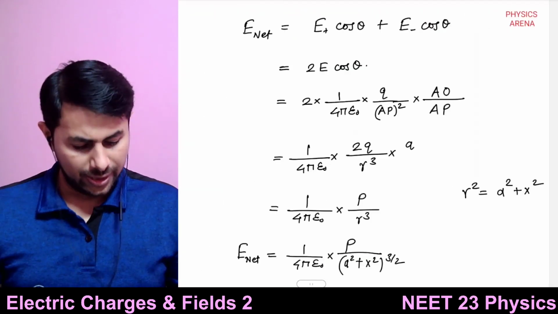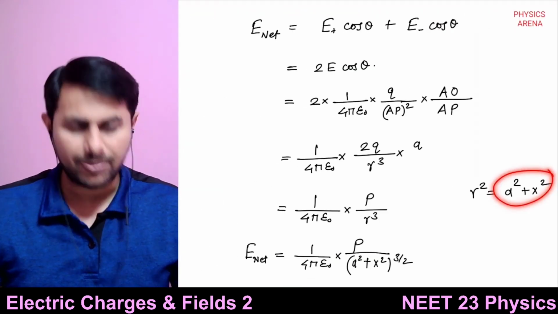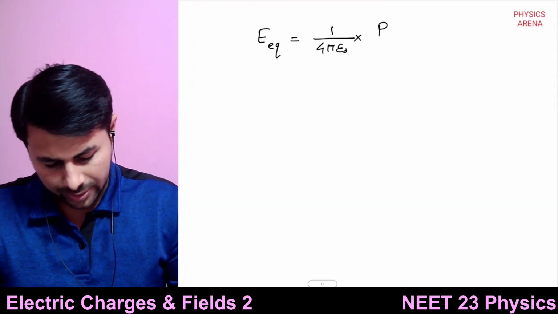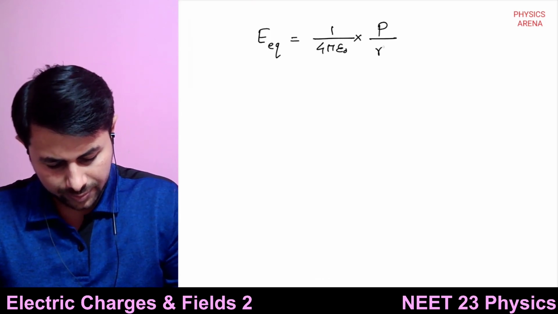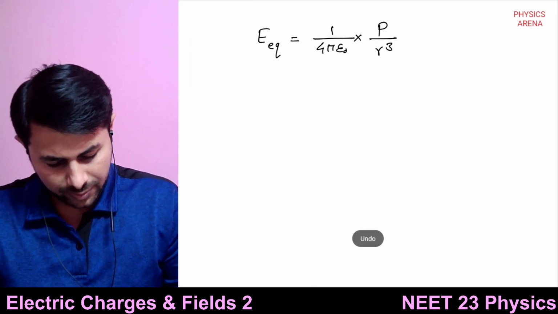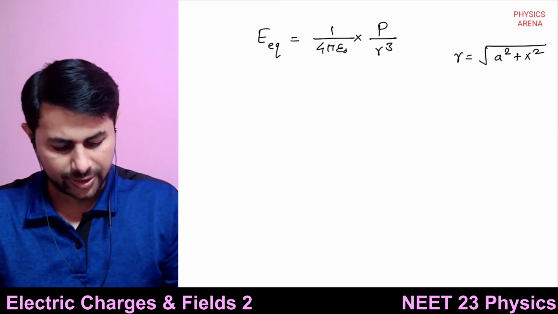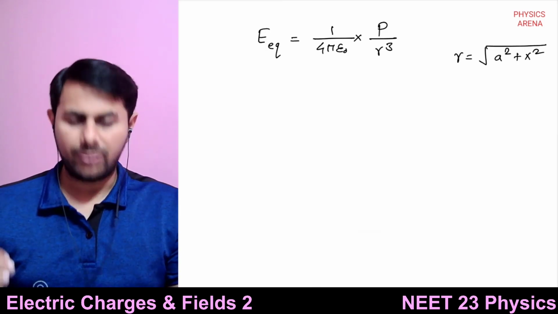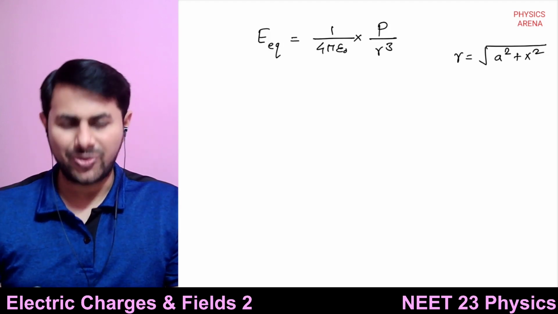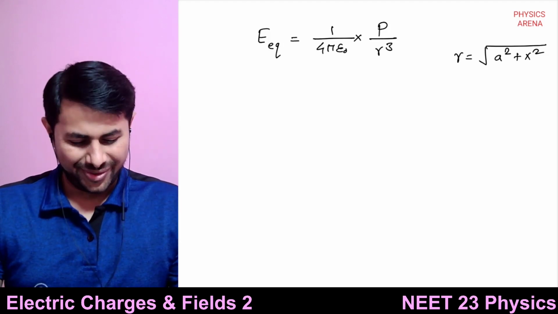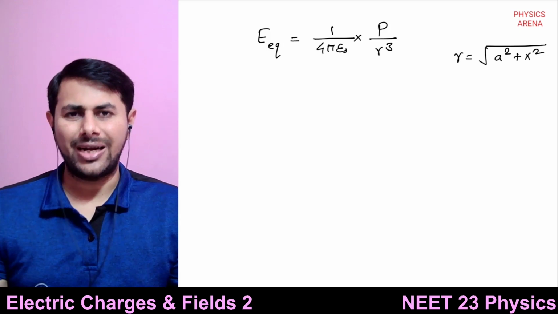And R is the square root of A square plus X square. Now this is the formula for the electric field, this is the magnitude.